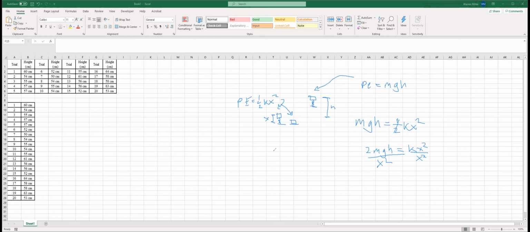So you get the spring constant k. It's just going to be equal to 2 times the mass times the g times the h divided by x squared.